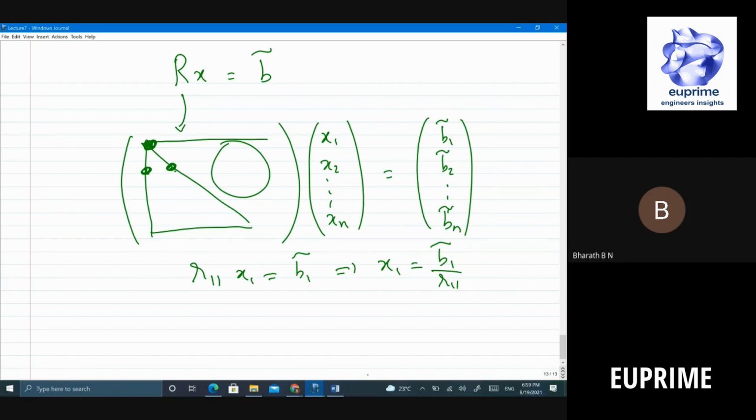So I got x1. Now this times x1 plus this times x2 is equal to b2 tilde, but I know x1, so I can compute x2. Easy, and so on. I won't fill this gap. So it means you need not invert a matrix.